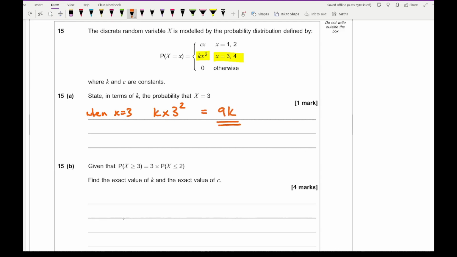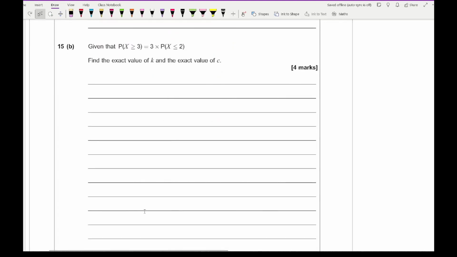And there we go. Then for question 15b, it says given that the probability of x greater or equal to 3 is equal to 3 times the probability that x is less or equal to 2, find the exact value of k and the exact value of c. Well, first things first, let's draw our probability distribution. So I've got x and its certain values of 1, 2, 3 and 4, and let's work out the probabilities of each of those.